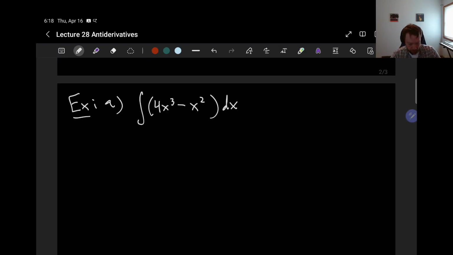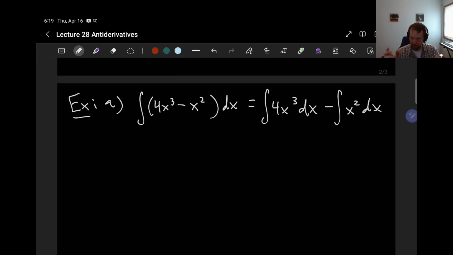All right, well, for one thing, since I have subtraction, I can do this as two separate integrals. There we go. So then I can perform the power rule on each piece individually.